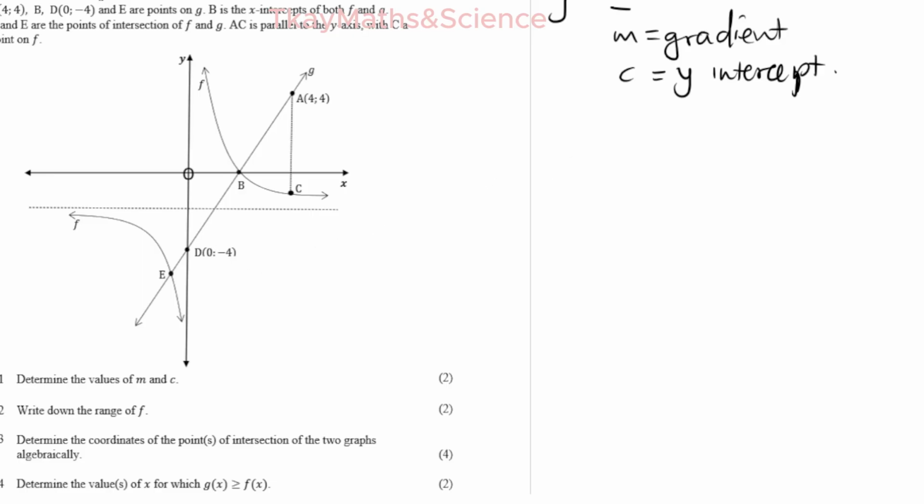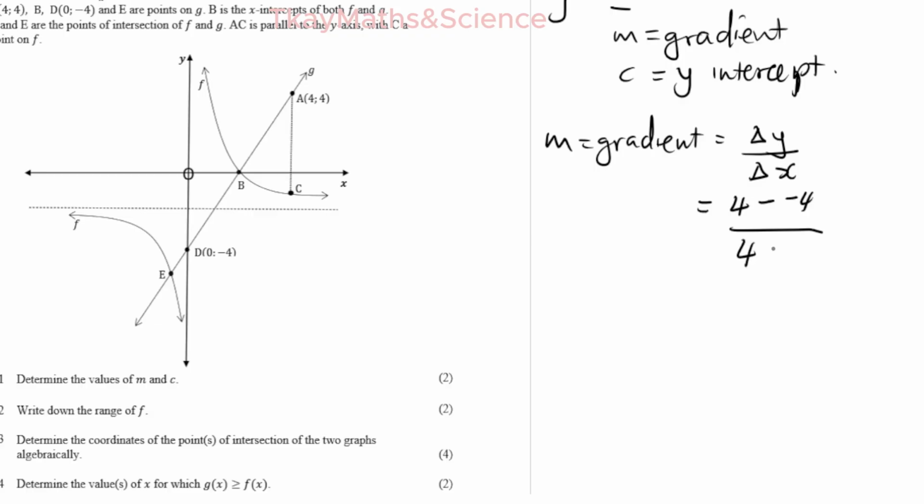So m, the gradient, is equal to change in y over change in x. It's 4 minus minus 4 over 4 minus 0. 4 minus minus 4 results in a plus, so it's 4 plus 4, which is 8 over 4.